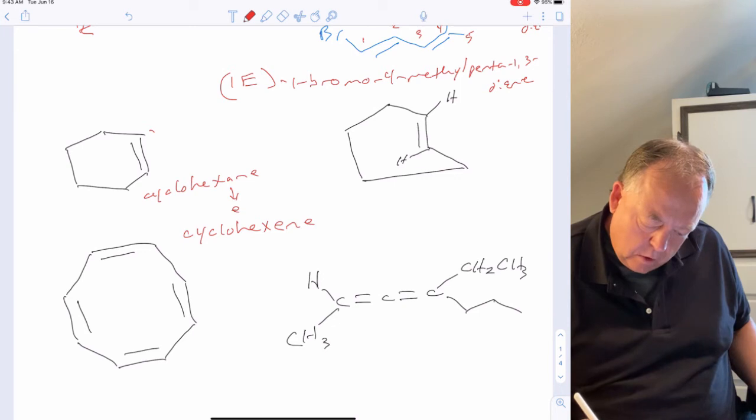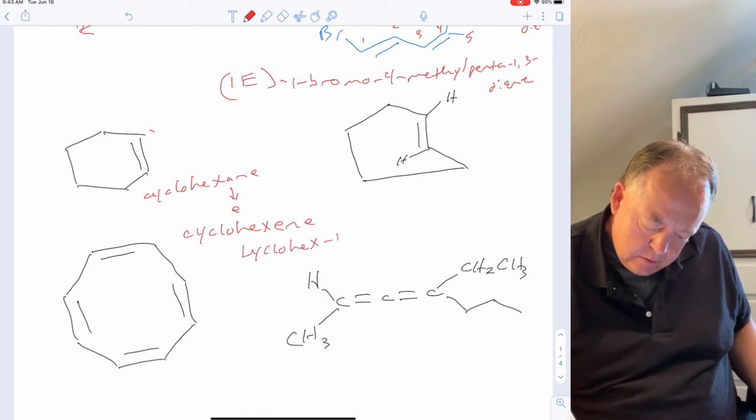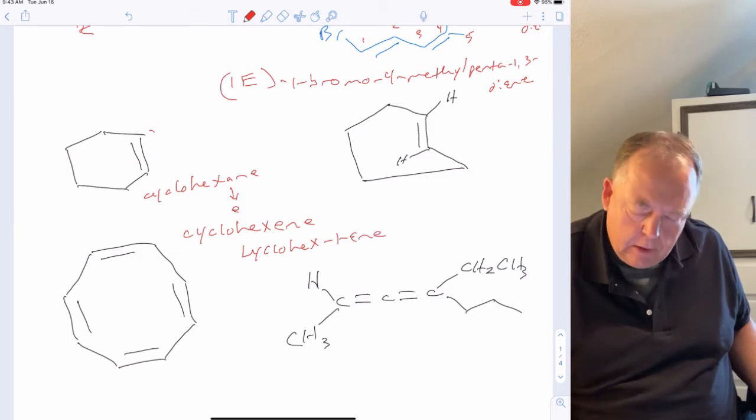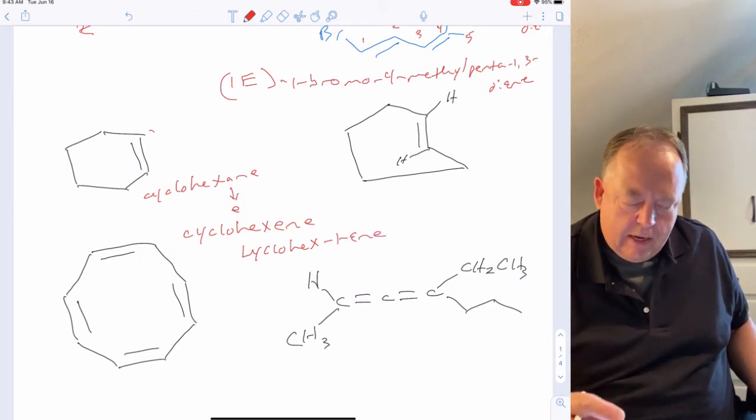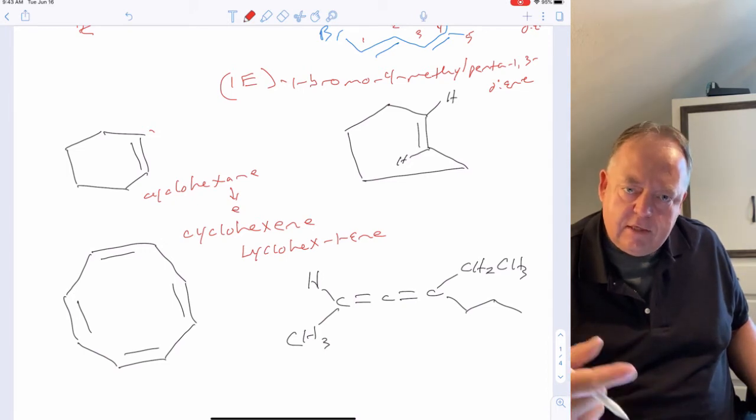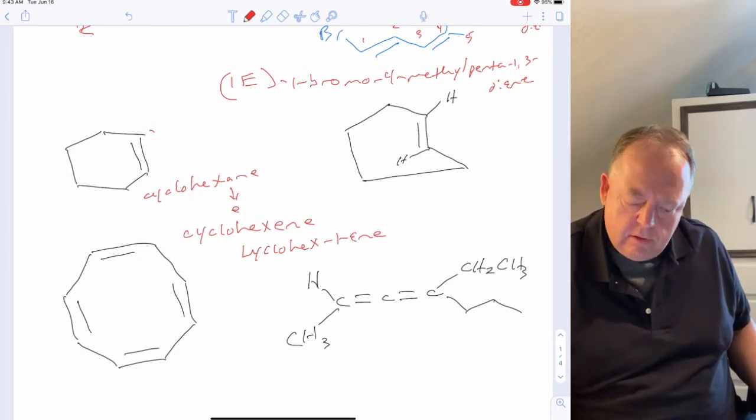If you wanted to put the 1 there, that's fine. That would be the most technical way, but it's understood because of the ring. You have to start numbering the ring at the double bond. It's understood that it's at carbon number 1.